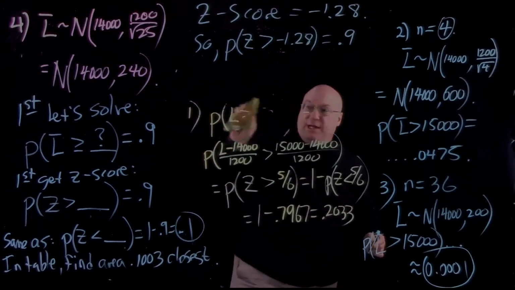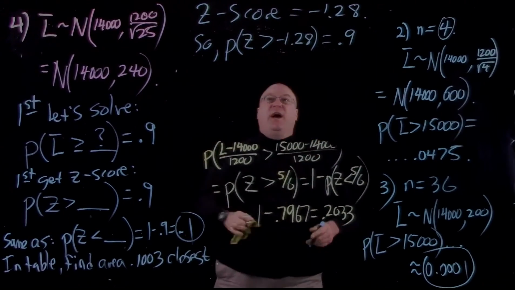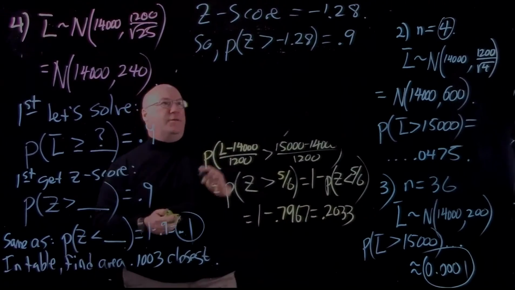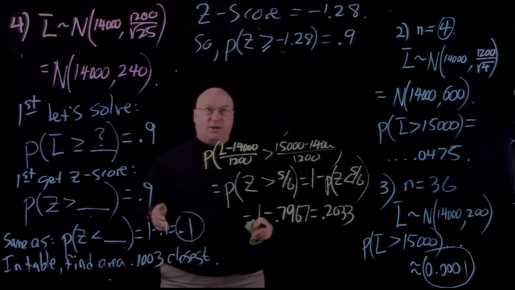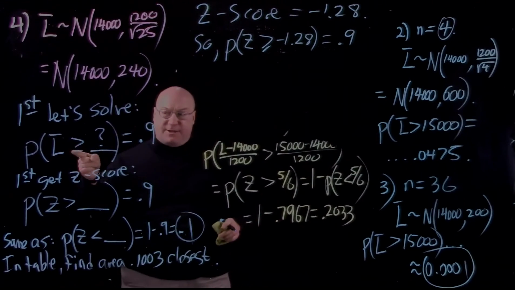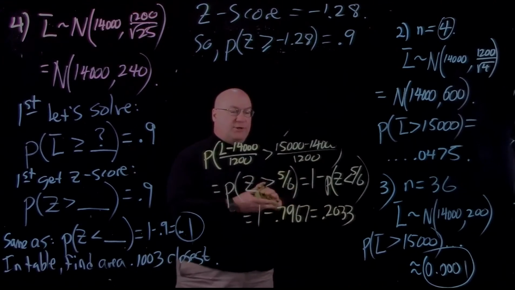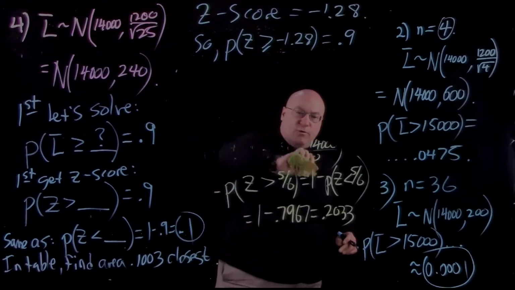So what I need to do now is go backwards. And when I write it like this, you can see I'm going to convert it into a probability of L bar greater than or equal to, if you like. It doesn't matter whether we use greater than or equal to for a continuous random variable. I'm trying to get back to this number, so I'm going to undo what I would do if I were finding the z-score. You remember what we need to do there.